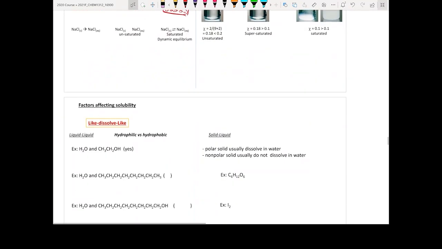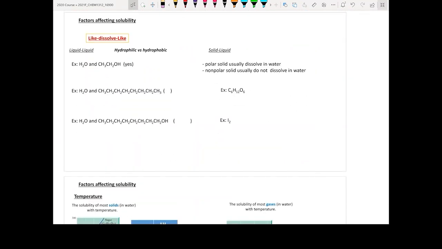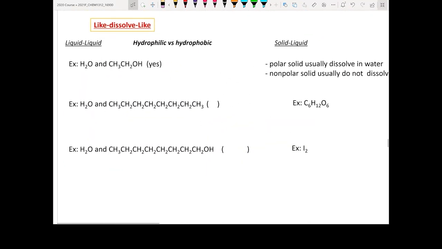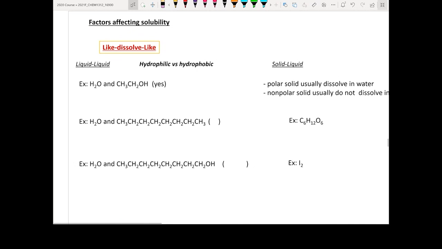Next we're going to talk about the factors that determine the solubility. The first concept you should know is the so-called "like dissolves like." Specifically, in this case, the things you want to use are these two functional groups a lot. One of the very important concepts for water solutions is that water forms the very famous hydrogen bond.